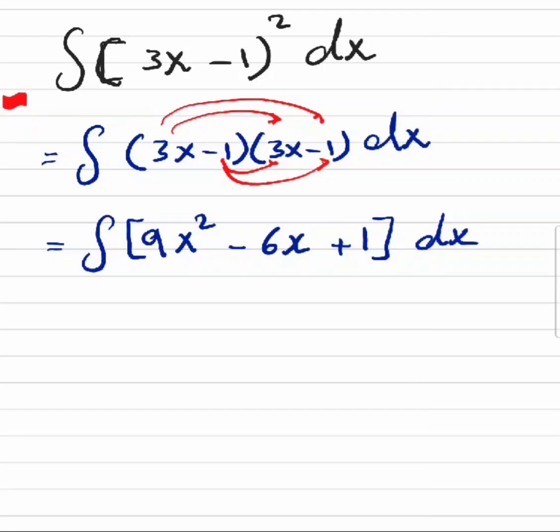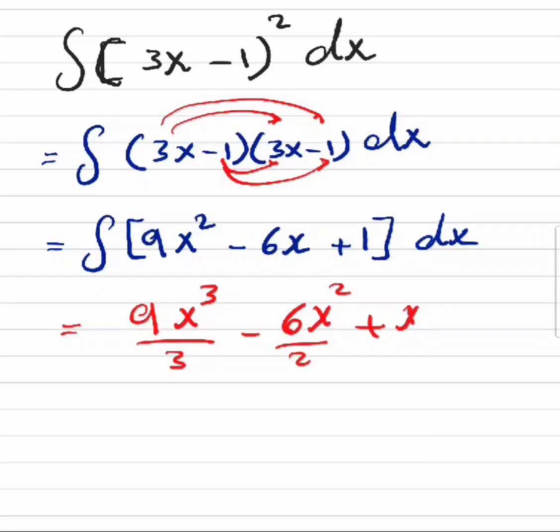The antiderivative of x squared is x cubed divided by 3. And for x to the 1st power is x squared divided by 2. And for the constant, add an x to it.